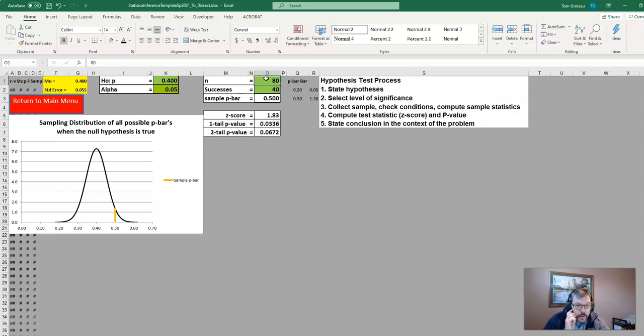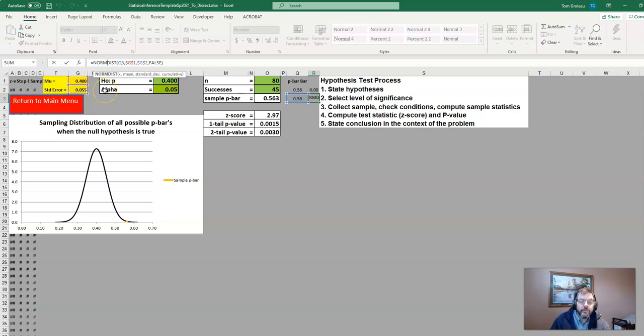So if my sample had been 80 and there were 45, it computes the p-bar and then it just feeds the p-bar over here, forces the 0, and uses the norm.dist. Now you notice this is an older version, norm.dist instead of norm.dist. It doesn't make much difference. I told you this spreadsheet goes back a ways.